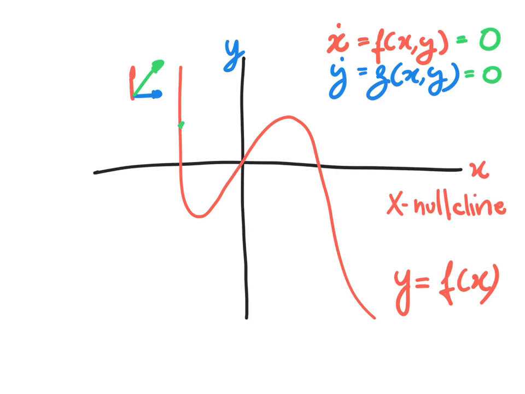But before we get to the y component, I just wanted to say that this curve divides the areas of the phase space that have a positive x component or a negative x component. We know which side is which by solving for the inequality of x dot larger or equal than 0, of course.